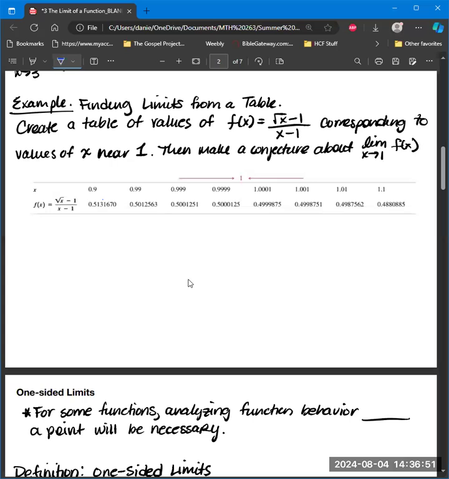So as we stick in values like 0.9, 0.99, 0.999, and so on from the left that are a little bit less than 1, and values like 1.1, 1.01, 1.001, 1.0001, we can see as we squeeze in from the left and the right, it looks like we're squeezing in on 0.5 is what that appears to be.